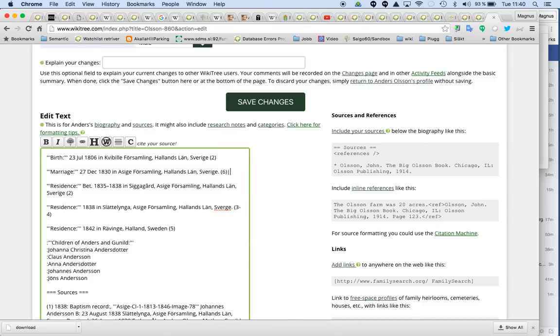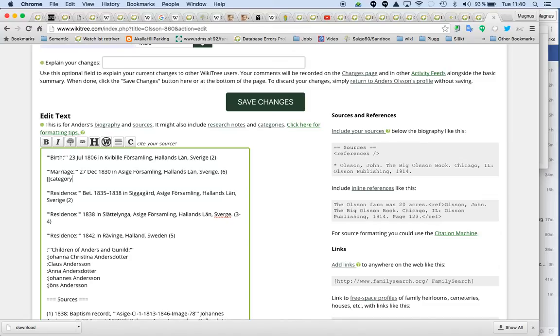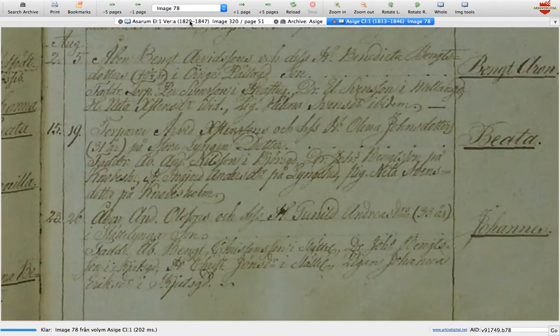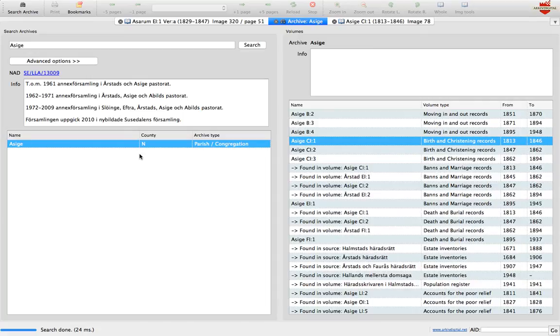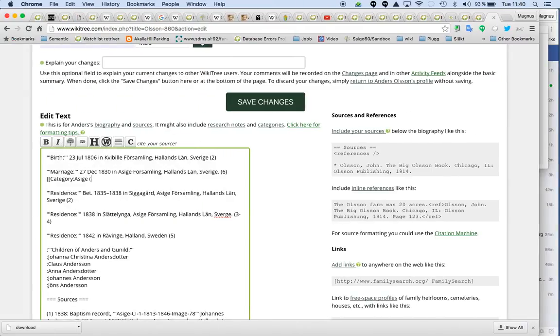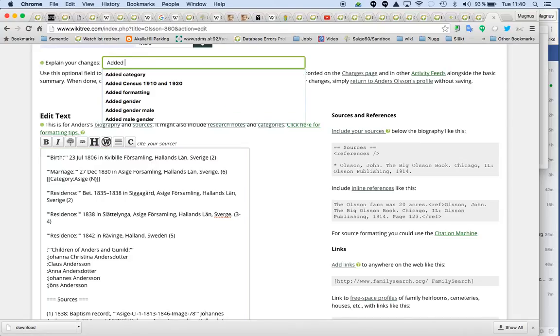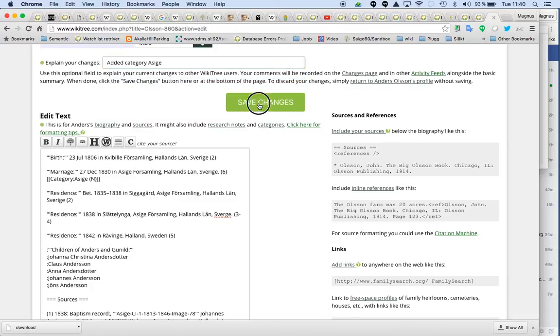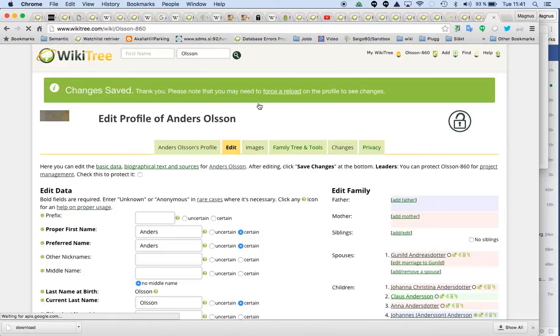Then I add ASIG, a category. And the reason I use categories is that you can find more information. So ASIG is part of County N, which is Halland. I do one change at a time.